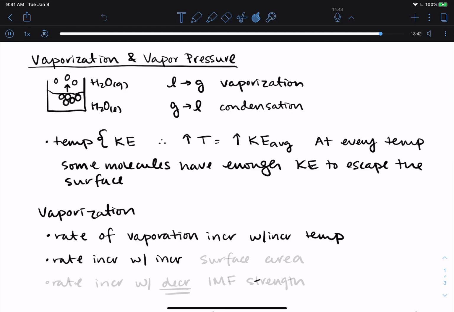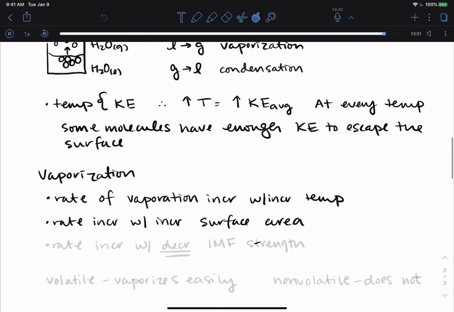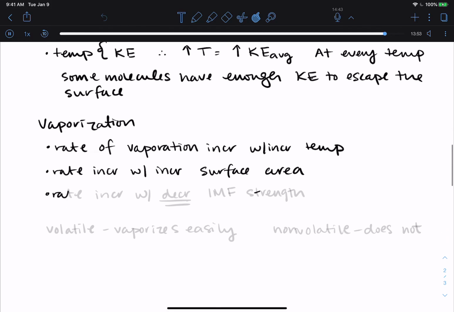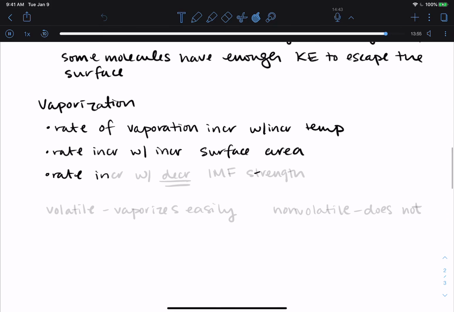And that's just because you have more molecules at the surface. And the rate increases with decreasing IMF strength. So this is the same thing that we talked about under London dispersion forces. If the molecules are easier to pull apart, they will pull apart more quickly.